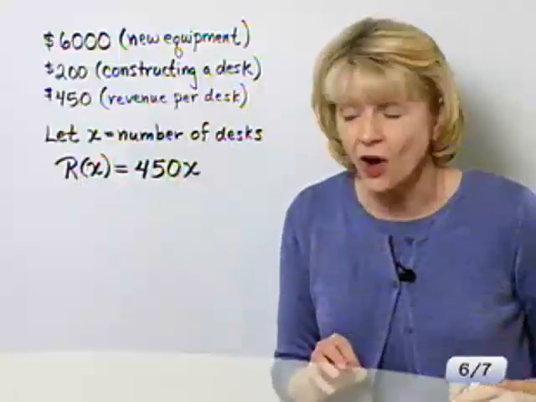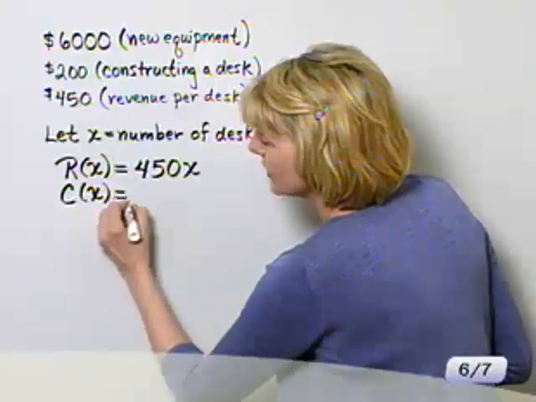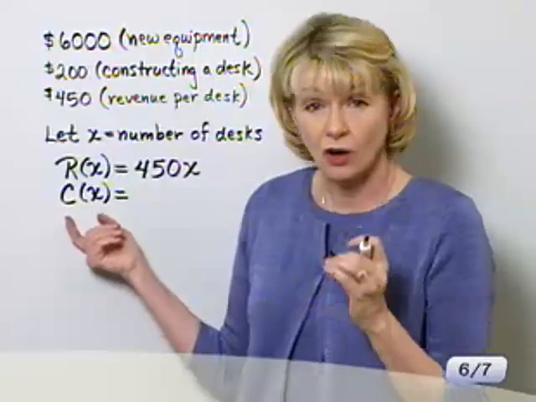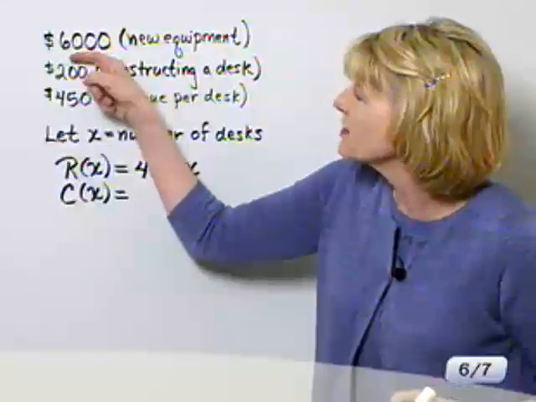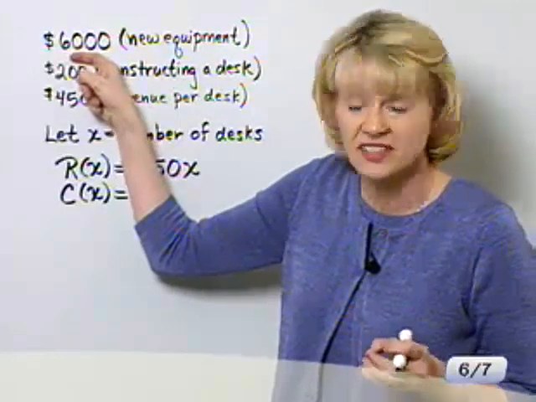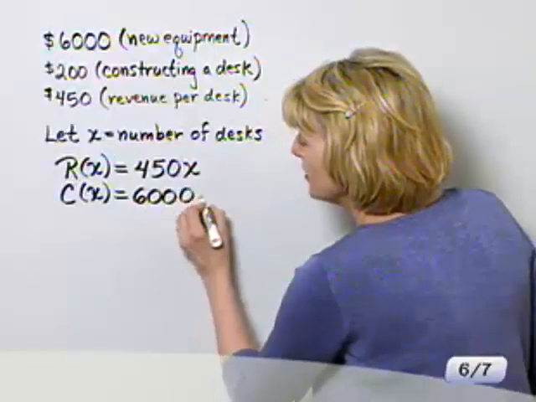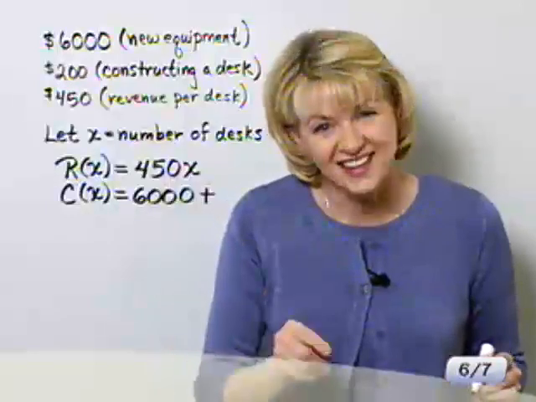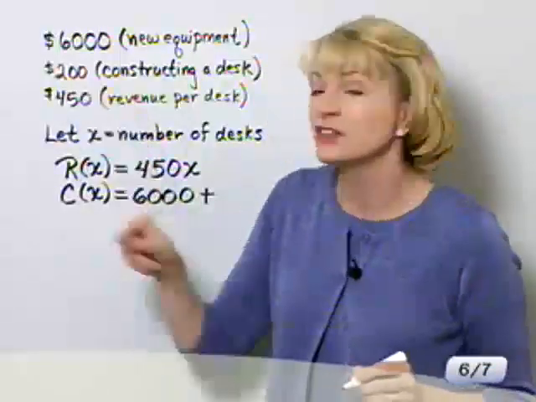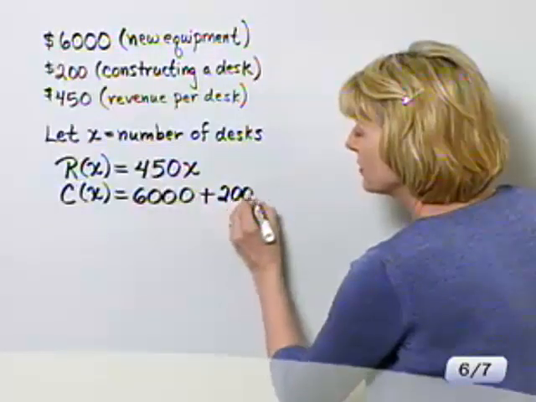Now let's come up with the cost function. I'll call it C of x. Think about the cost now to the company. The cost, of course, is that one-time cost of $6,000. That's a one-time cost, plus this much per desk. So since it's this much per desk, it's plus 200x.